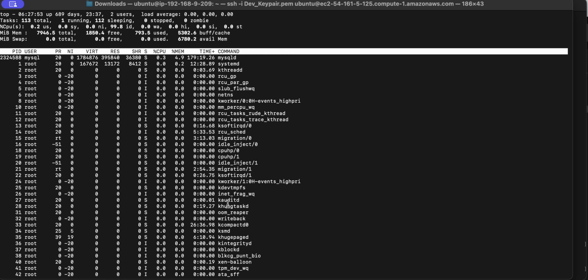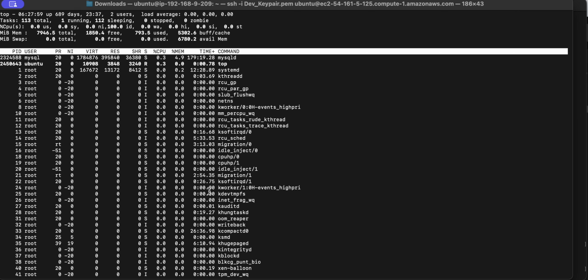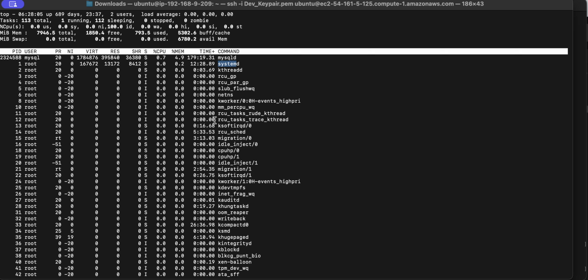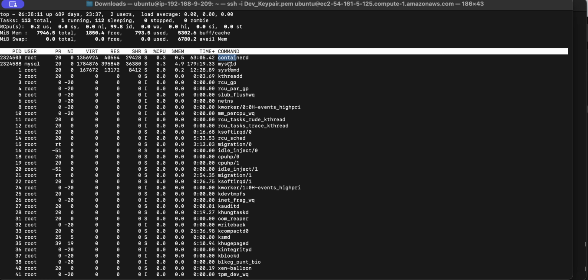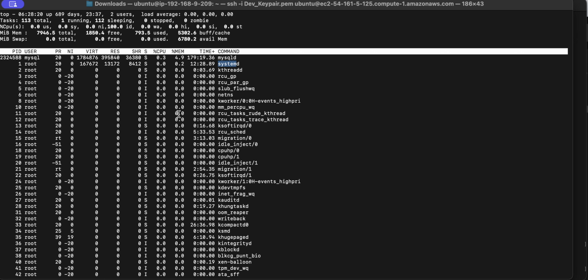Zombie processes are terminated, but they are not reaped by their parent. So let's suppose there's some child process of this SQL D which is stopped by it, but it is still running because the parent hasn't stopped it, then it can be in Z state here.